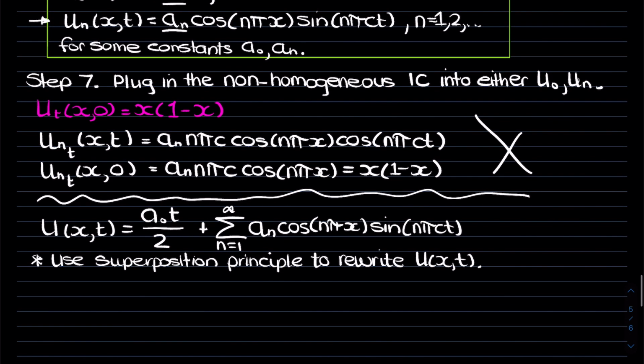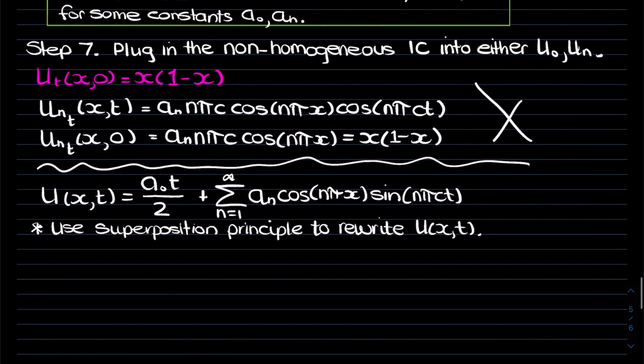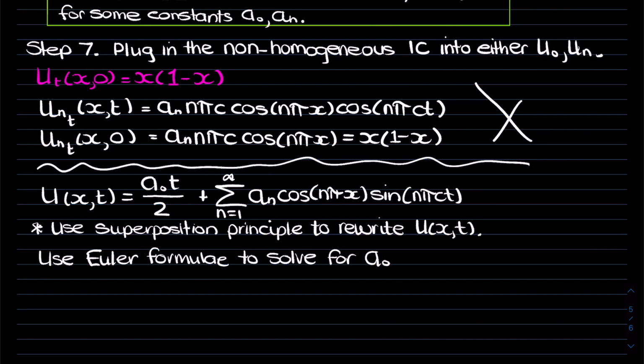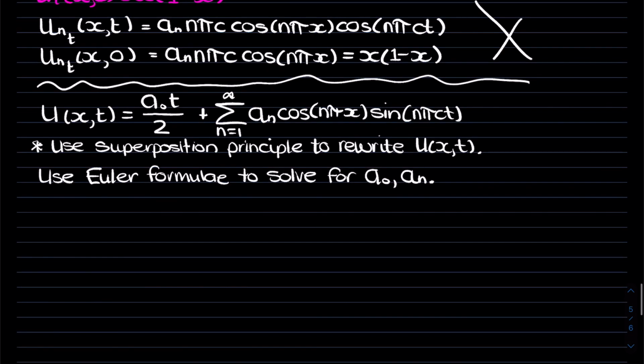Now if we write it like that, then what we're able to do is we can use the Euler formulae to solve for a of naught and a of n here. So what we first need to do though is we first need to take the derivative.